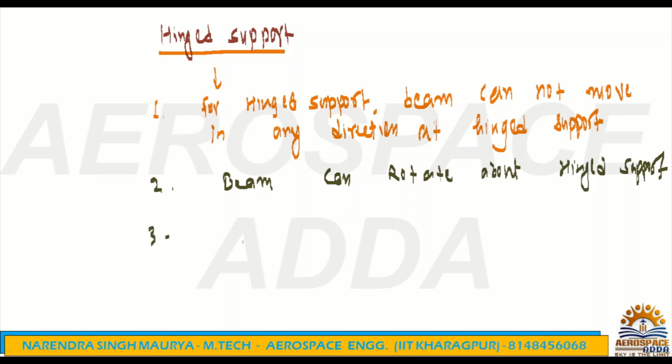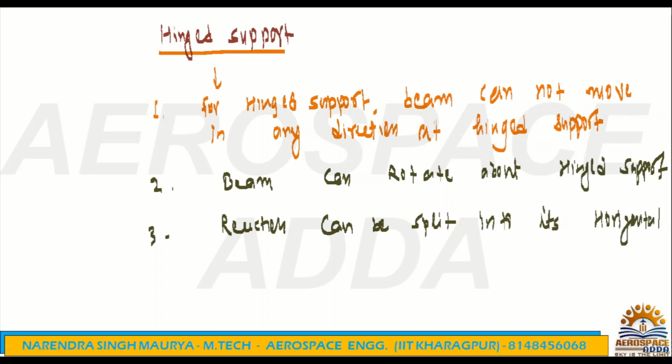So here you can write: reaction can be split into its horizontal and vertical components.